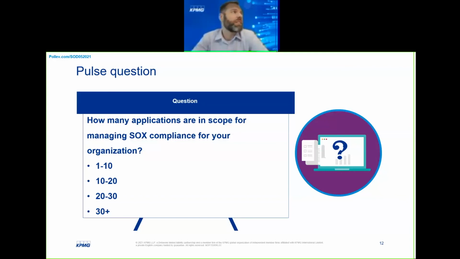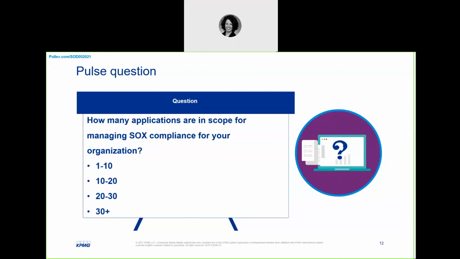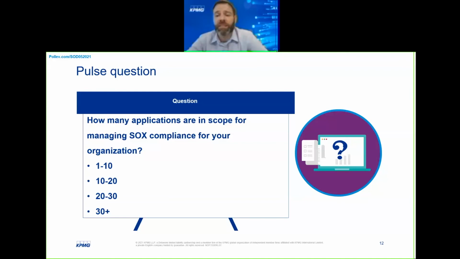And so as we see this come in here, again, it's pretty consistent. We are seeing the majority of folks have 10 or more apps in scope from a SOX standpoint. So we've asked this question at a number of these breakouts, and that seems to be the consistent response. It really matches up with what we're seeing in the market, that most people have lots of apps in scope, but don't have a GRC tool that can actually monitor across those apps.